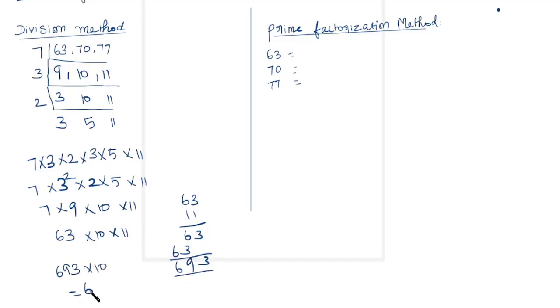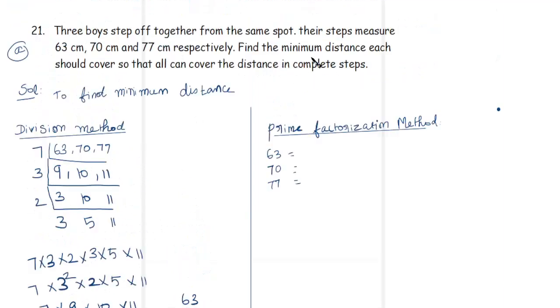So 6930 is the answer. So the minimum distance each should cover, so that all can cover the distance in complete steps, is 6930 steps.